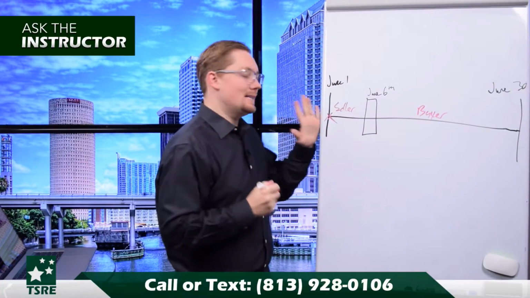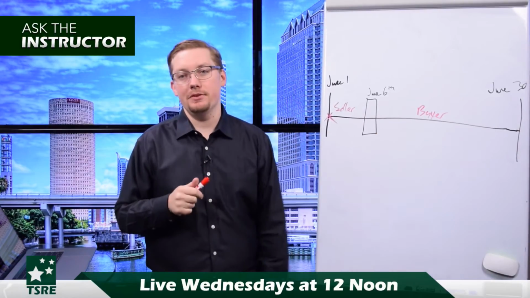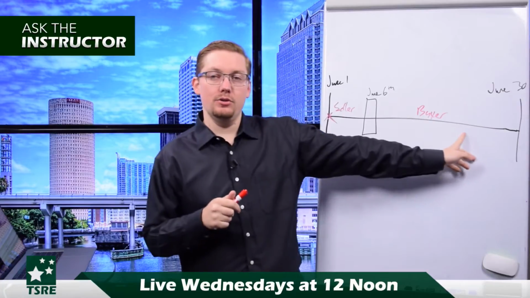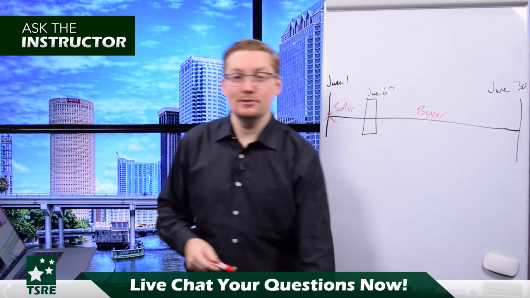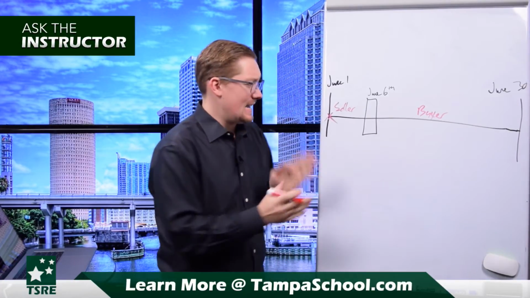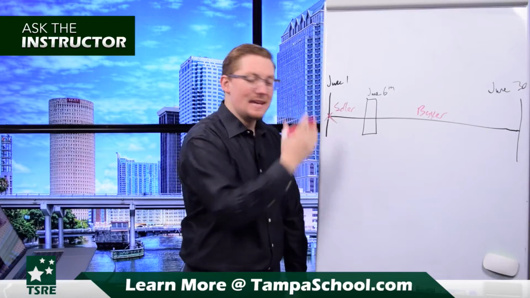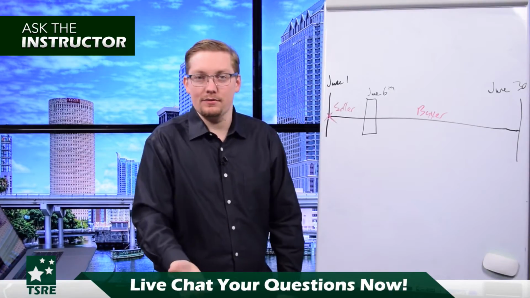So what that means, if rent is collected on the first of the month, the seller gets rent for the entire month of June. When will the buyer, the new owner, the new landlord be able to collect the next month's rent? Not until July 1st. So what happens here basically, and especially in this case here, we've got just 5 days out of the month that the seller owns the property, but they get the whole month worth of rent.